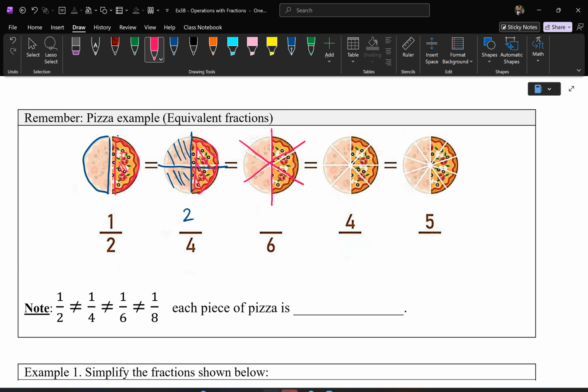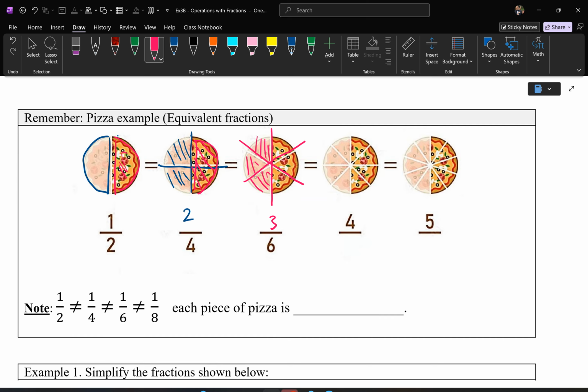That's six pieces in total. And here if I eat 1, 2, 3 again, 3 out of the 6 is still half. So the only difference between them is that the number of pieces you cut changes the number of pieces you eat. But overall, the total quantity is the same.